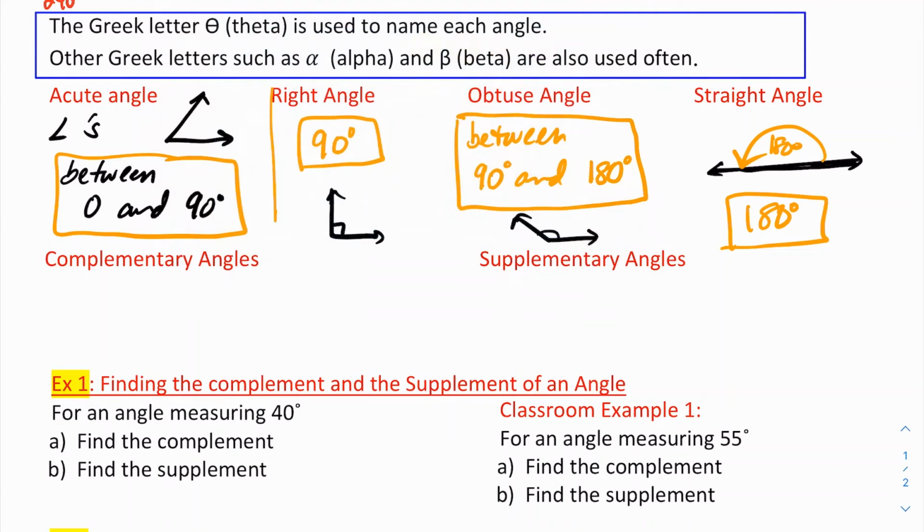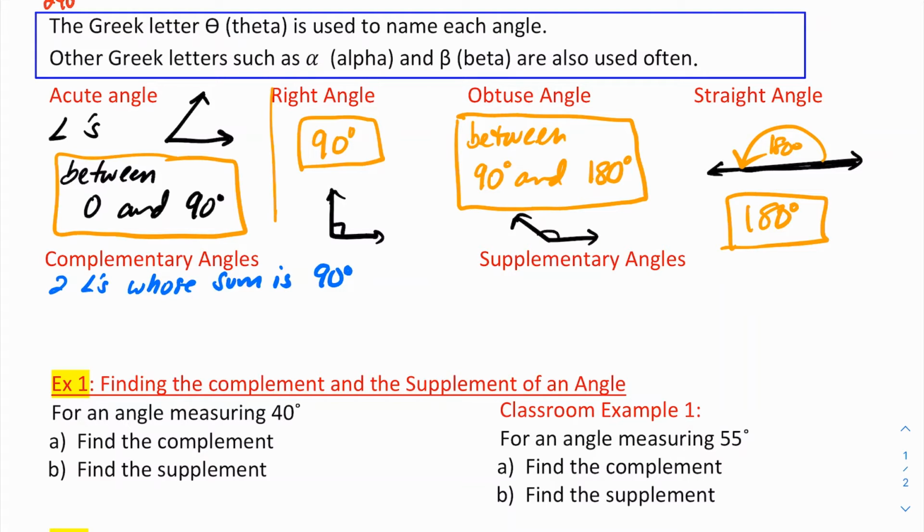For complementary angles, again, if you can remember what these are, two angles whose sum is 90 degrees. Now, please don't say two angles that are 90, because they are not each 90. Two angles that add up to 90 degrees, or whose sum is 90 degrees.